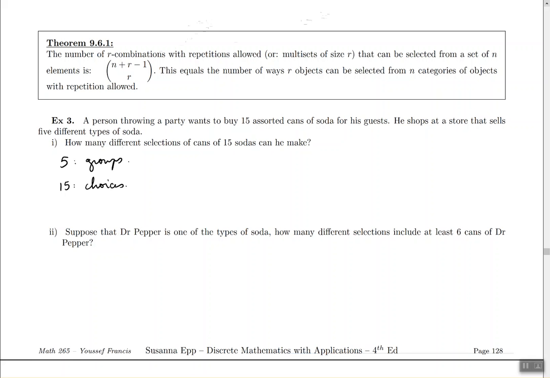So in my problem, the groups would be the little slashes or dividers, and the x's would be the 15 choices, basically, okay? So the question here in this problem is, how many different selections can he make? According to the formula, 5 plus 15 minus 1, choose 15.